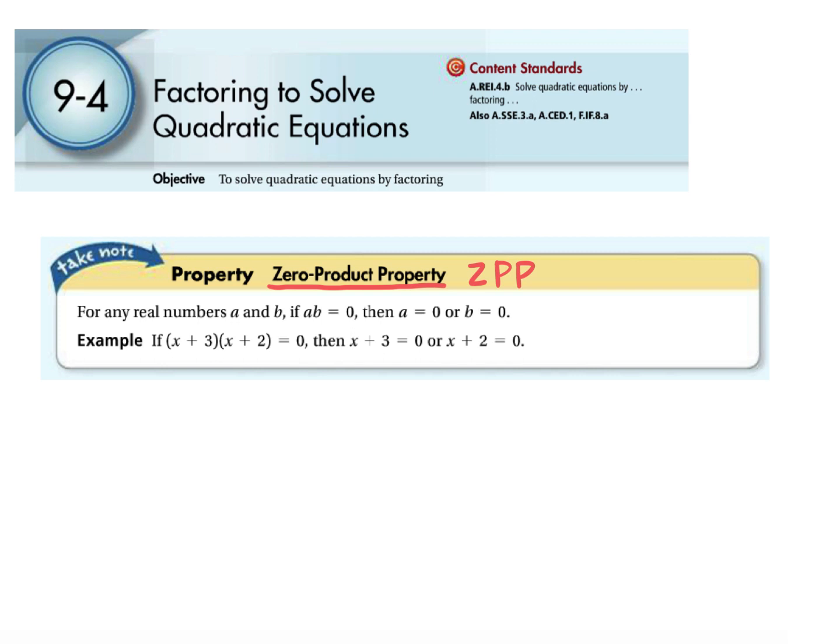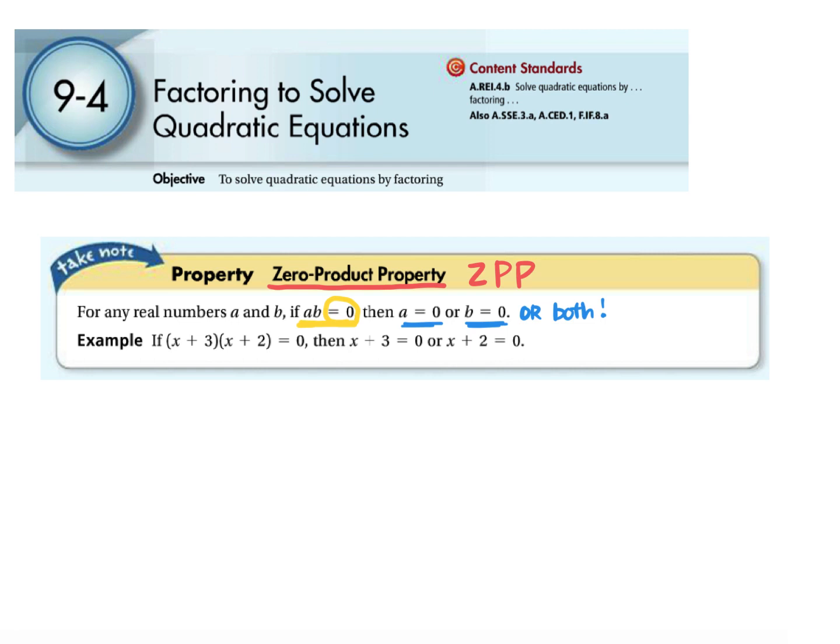What that says is if you have any problem that equals 0, it doesn't matter what the problem is, but if the equal to part is 0, then either the first number has to be 0, the first part of it, so A has to be equal to 0, or the second part has to be equal to 0, B has to be equal to 0, or both could be equal to 0. The zero product property says the first part must be equal to 0, or the second part must be equal to 0, or maybe even both of them are equal to 0.